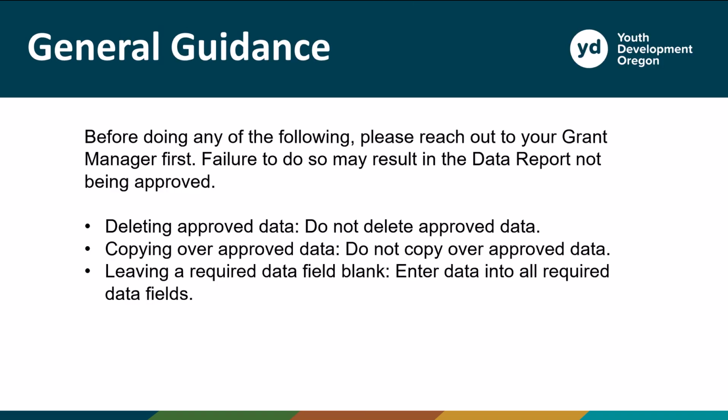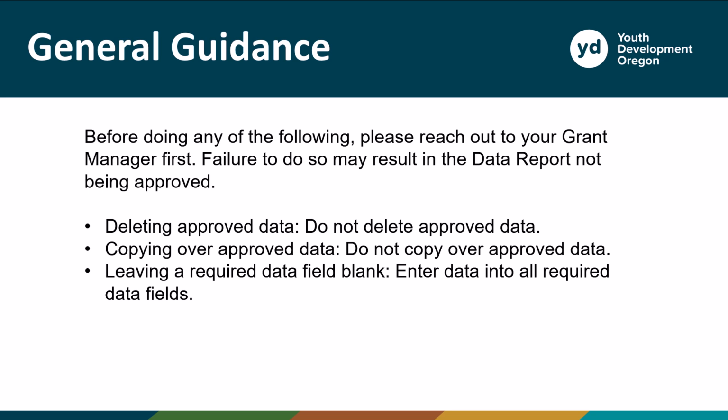Okay, we're going to go over a little bit of general guidance. Before doing any of the following, make sure that you reach out to your grant manager first, because failure to reach out to your grant manager may result in the data report not being approved. So please do not delete any approved data.